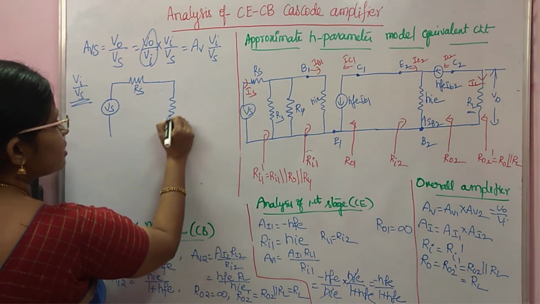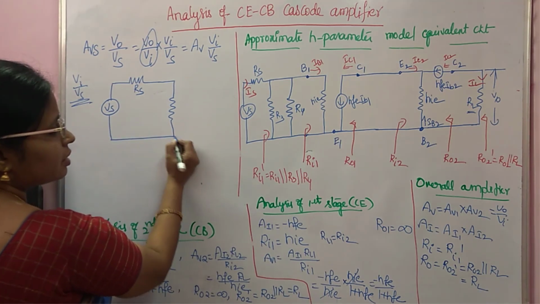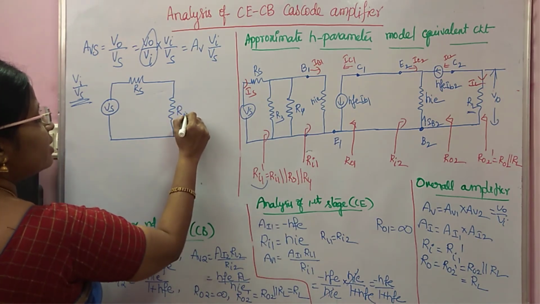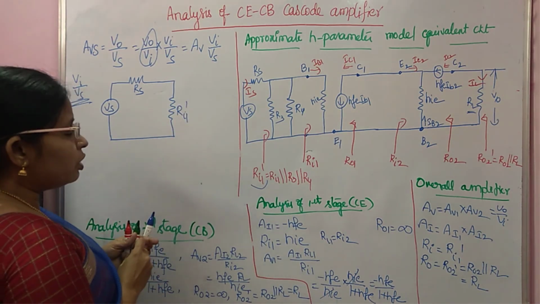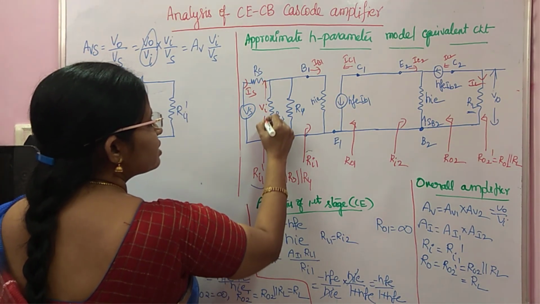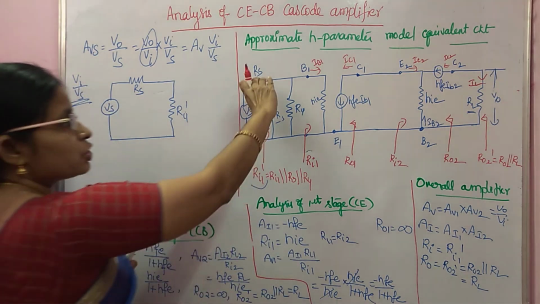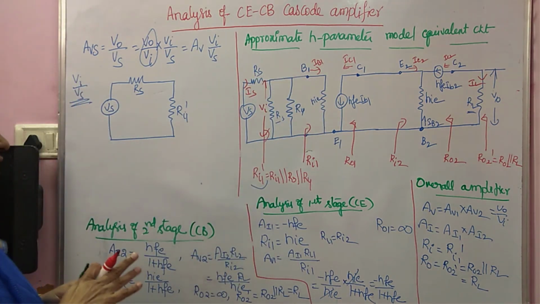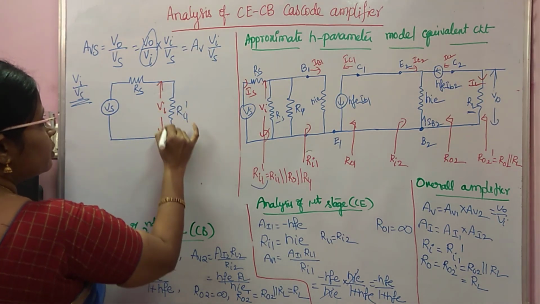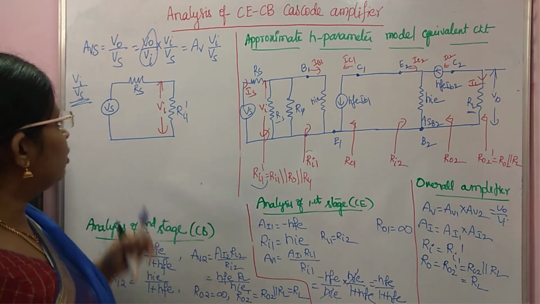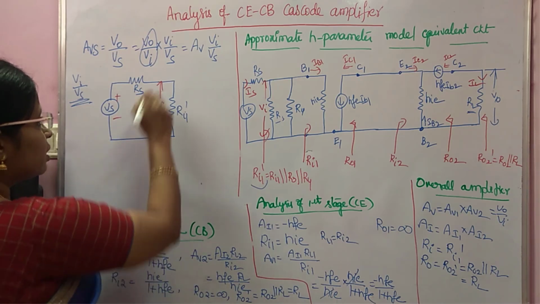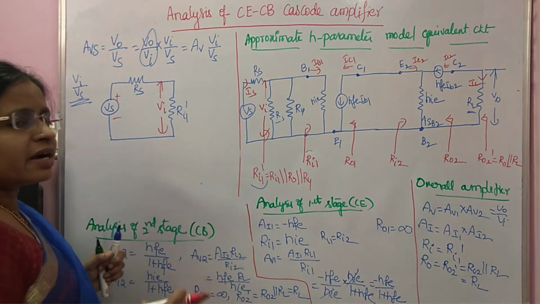Here the total resistance is Ri1 dash. The voltage across this total resistance is nothing but your Vi. So this seems to be a series circuit in which there is voltage division. This is the total voltage source. The voltage across Ri1 dash is Vi.